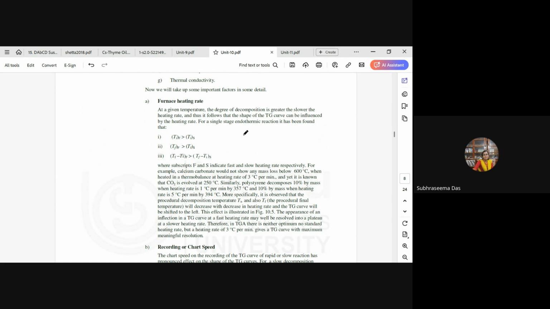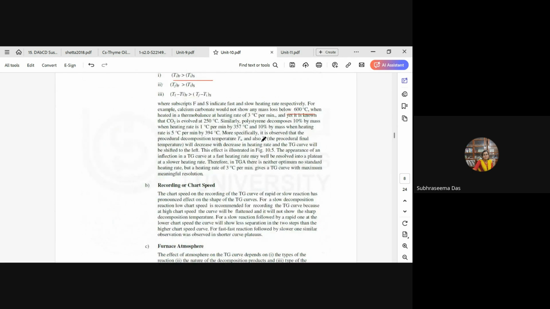For example, calcium carbonate does not show any mass loss below 600 degrees centigrade when we heat it at a heating rate of 3 degrees centigrade per minute. If the furnace heating rate is faster, the mass loss appears at a higher temperature in comparison to a slow heating rate.